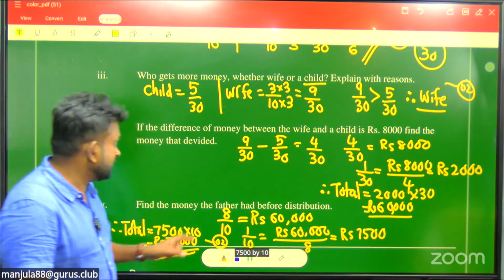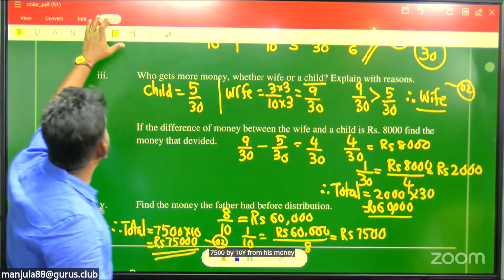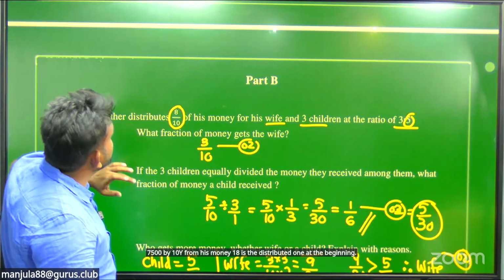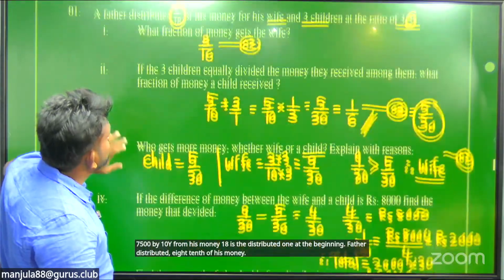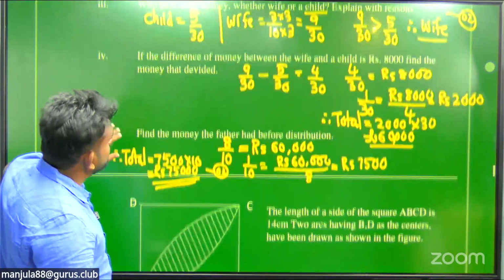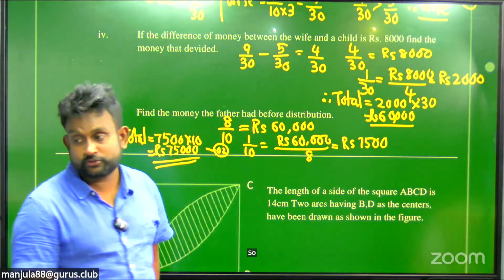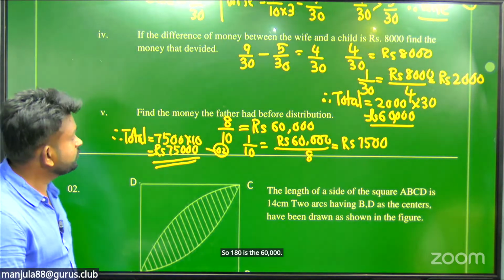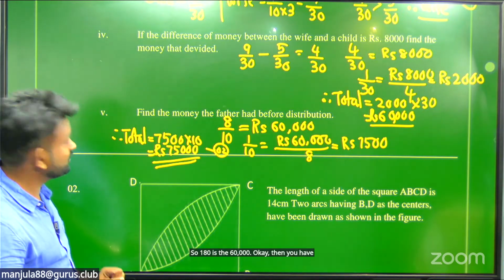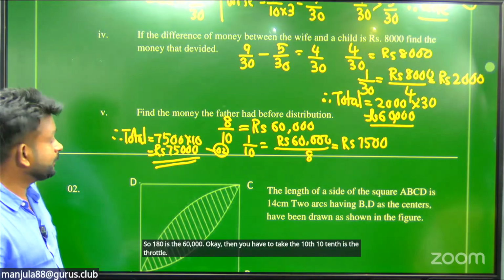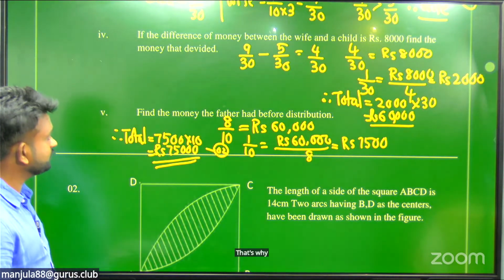From his money, 8/10 is the distributed one at the beginning. Father distributed 8/10 of his money. So 8/10 is the 60,000. Then you have to take the 10th, 10/10 is the total. That's why we multiply by 10.